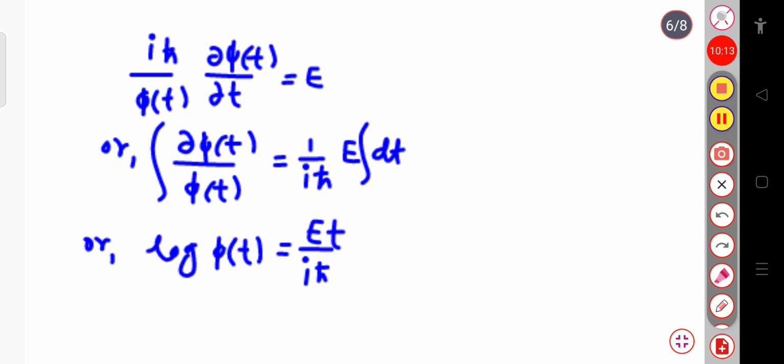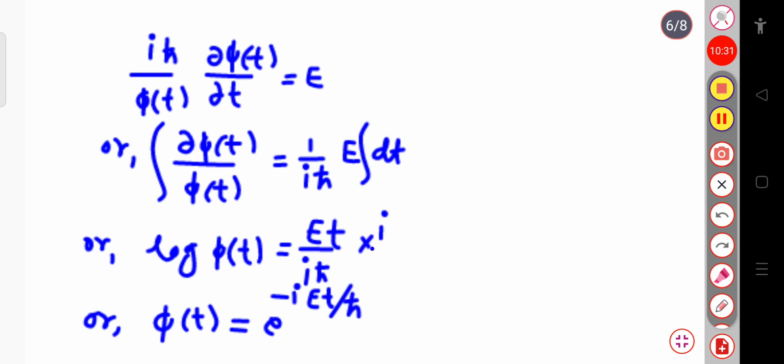Or this can also be written as phi of t equal to, if I take exponential here, exponential of minus i e t divided by h cut. If I multiply i and divide by i, this will be minus i e t divided by h cut, because i square is minus 1. So here phi of t equal to exponential minus iota e t divided by h cut.